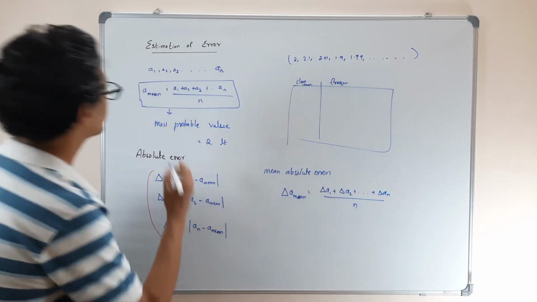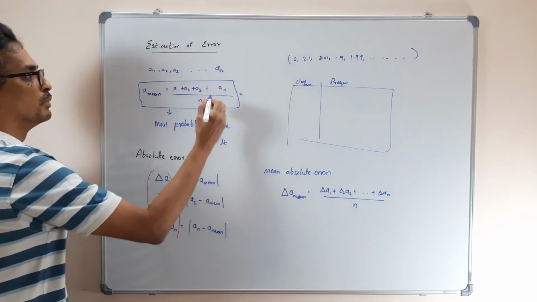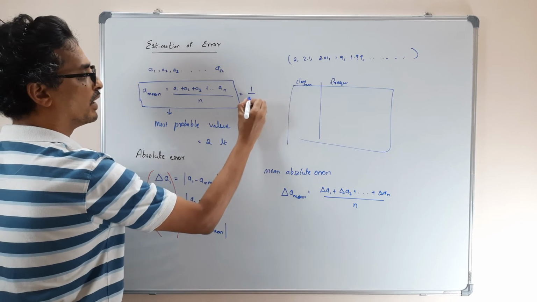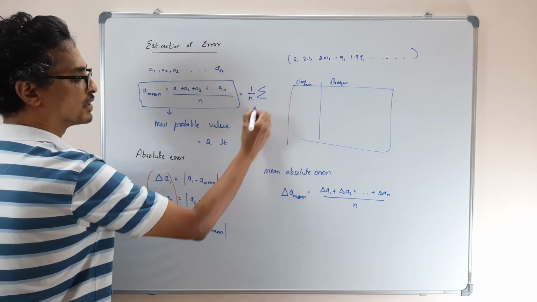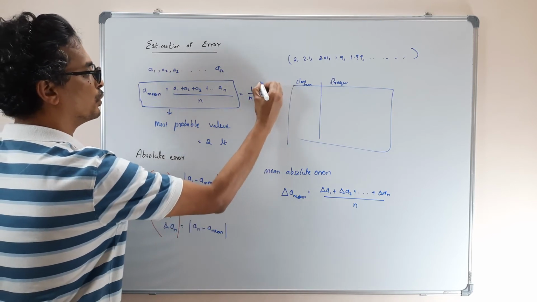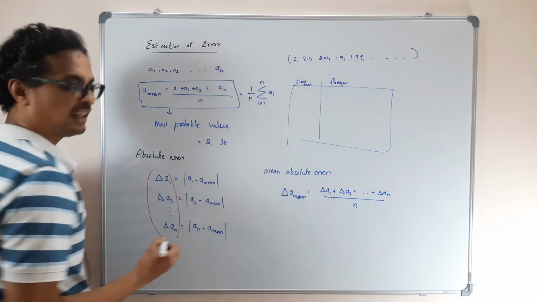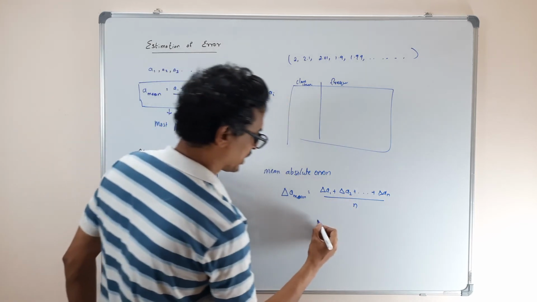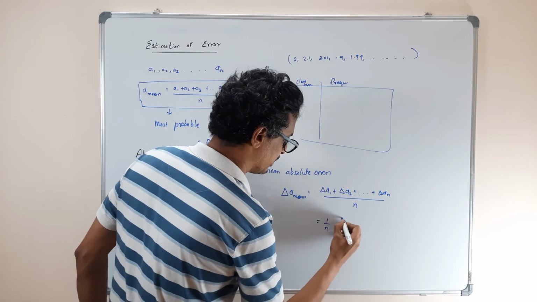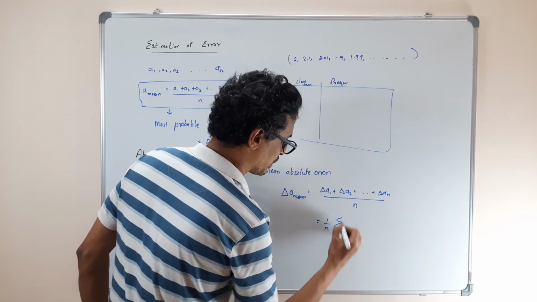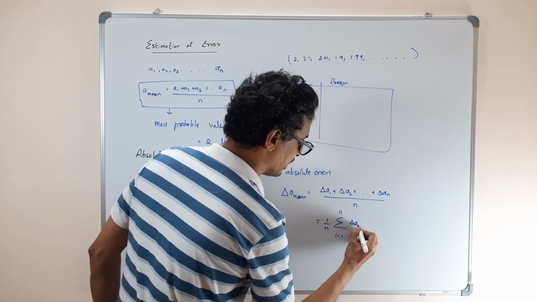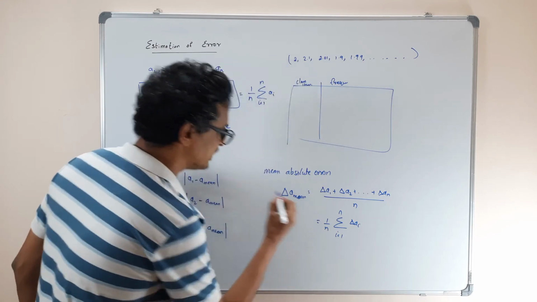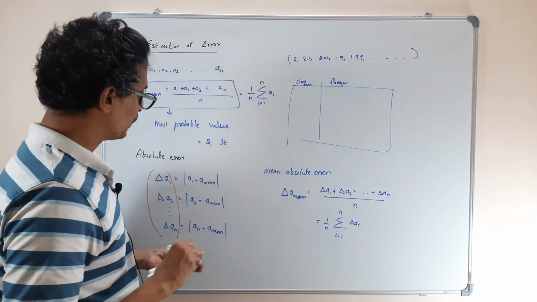I forgot to write, this can be written in symbol form as A mean equals 1 by n into summation of i equal to 1 to n of A of i. Similarly, we can write delta A mean as 1 by n summation of i equal to 1 to n of delta A of i.